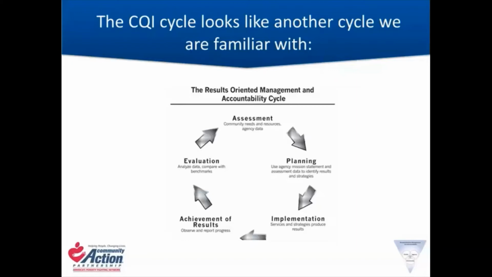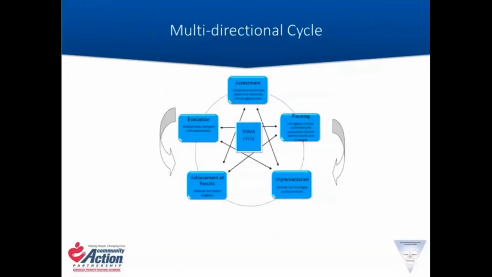Now, we know that this ROMA cycle, it looks like a clockwise set of steps, but we know that it isn't only clockwise, that it can also be done counterclockwise. You might go from planning back to assessment to find out some additional things before you plan.